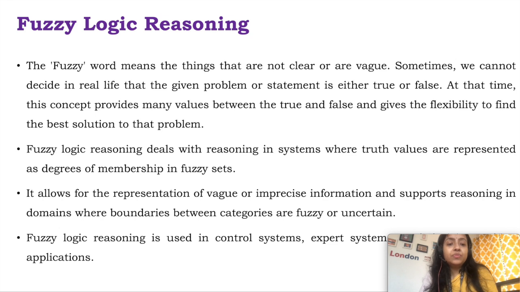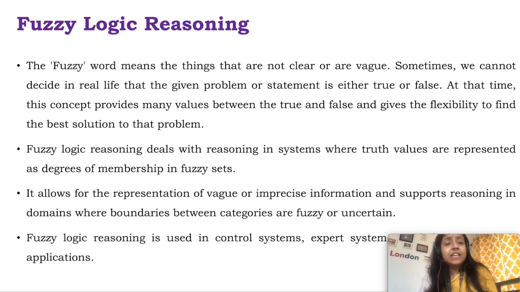Kindly note the words representation of vague or imprecise information here, as we will use these words when studying the example. It is used in various control systems, expert systems, etc.